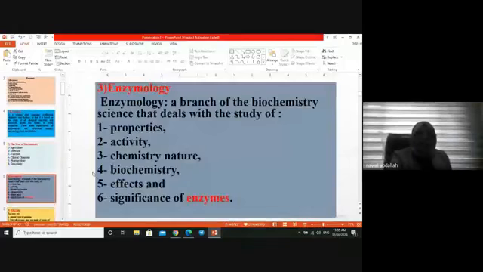Enzymology, as a branch of biochemistry, deals with the study of the properties, activity, chemistry, nature, effect, and significance of the enzyme.